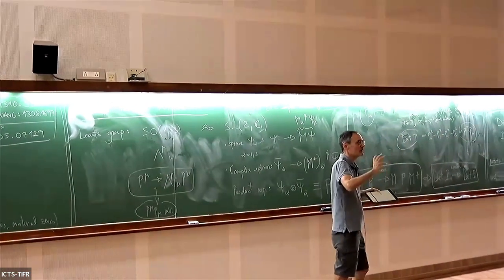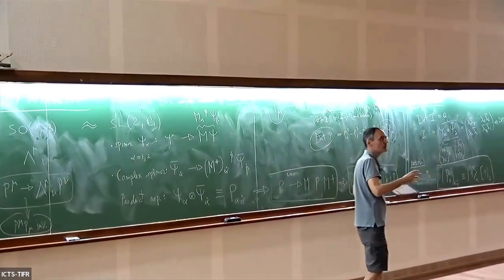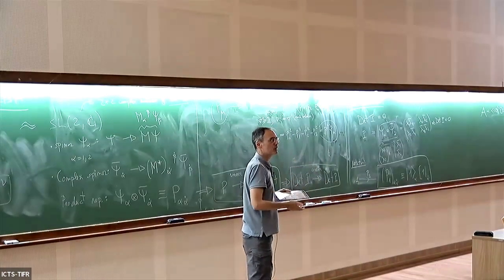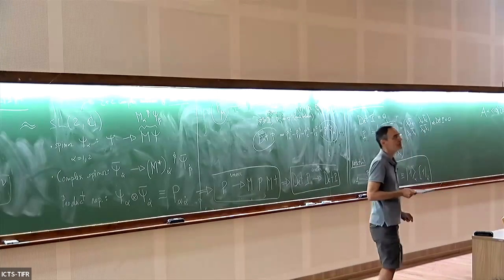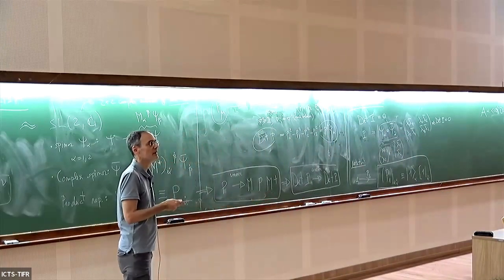If you're familiar with the Lorentz group, this is okay. But if not, it's good to go back to quantum mechanics and remember that you can write the spin 1 as a product of spin half. We are not doing more than that.